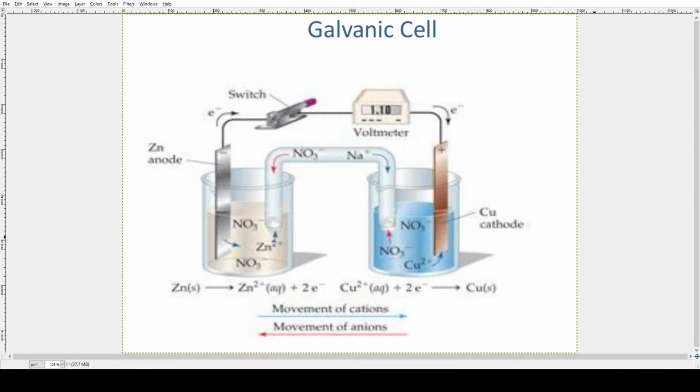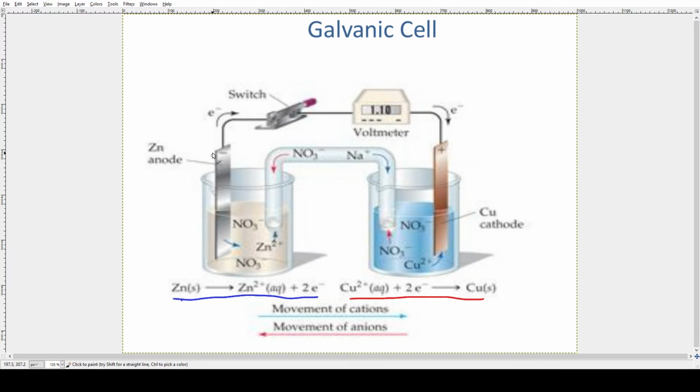Cool. So here's an image of a galvanic cell. We have two different beakers with two different solutions in them. On this side we have the zinc half reaction occurring. On the other side, we have the copper half reaction occurring.